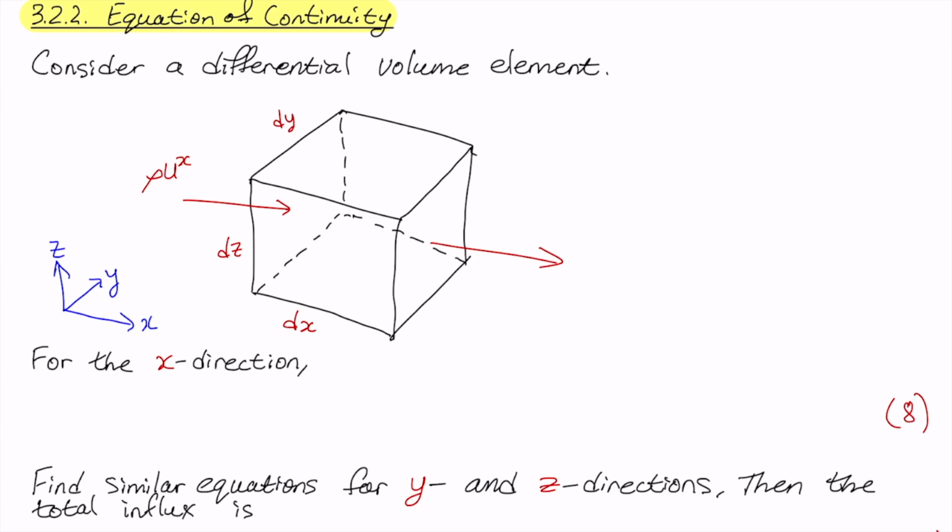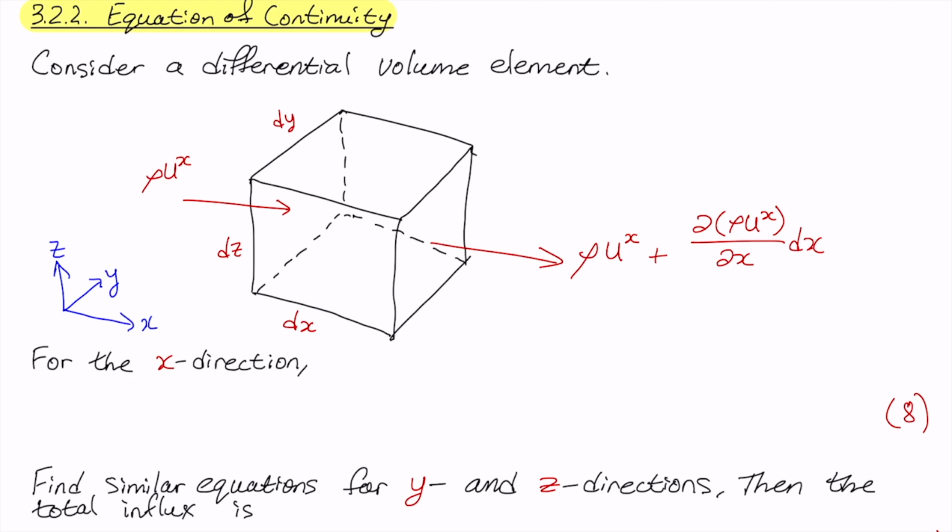And then on the other side, we're going to have rho times u superscript x, plus the partial of the quantity rho u superscript x divided by partial x times dx.